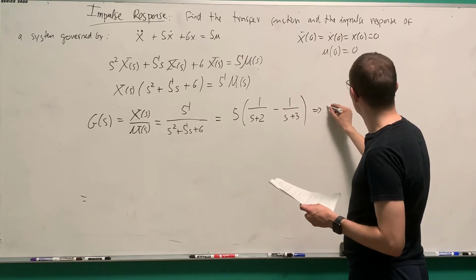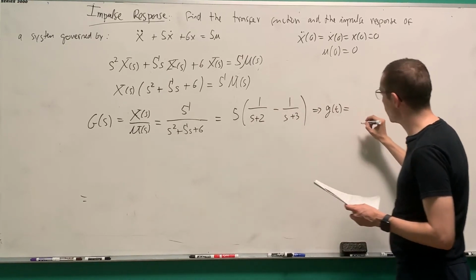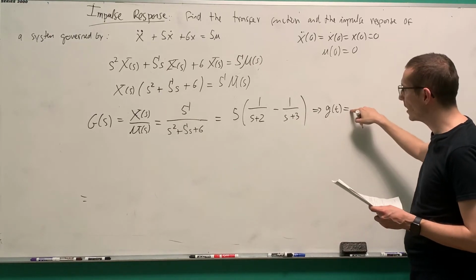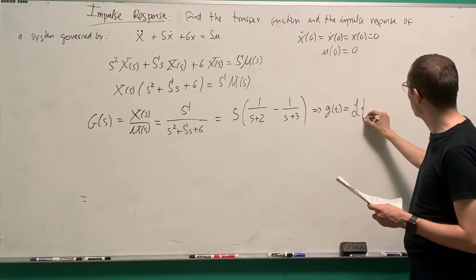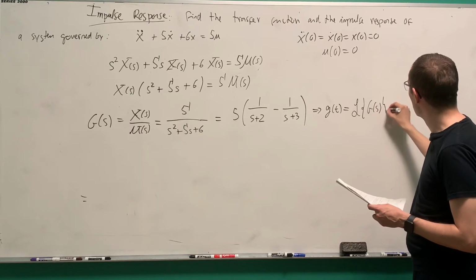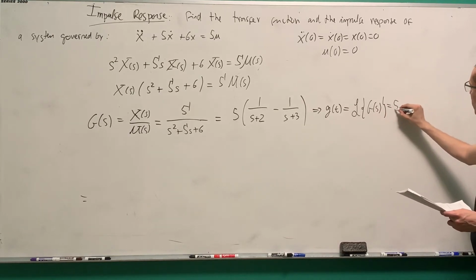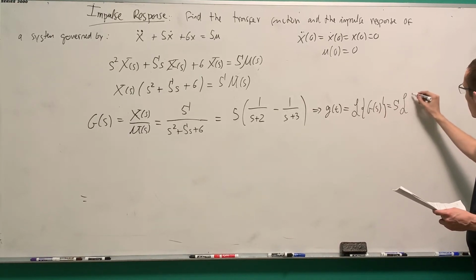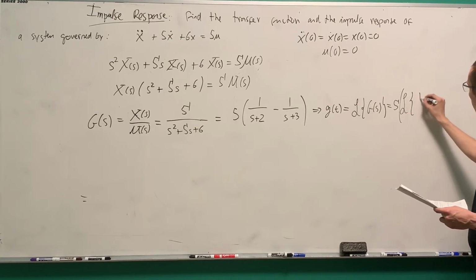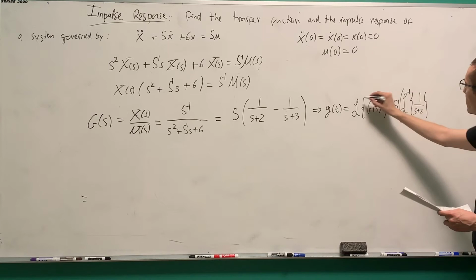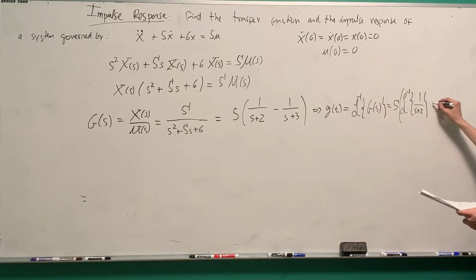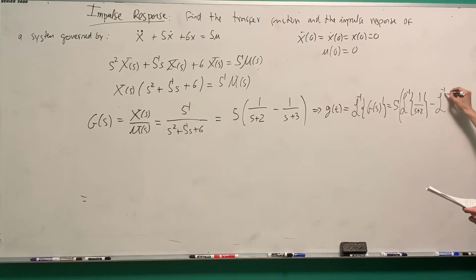So I do small g of t, which is the response function. It's equal to the inverse Laplace of capital G of s. That's easy because it's 5 times the inverse Laplace of 1 over s plus 2, minus the inverse Laplace of 1 over s plus 3.